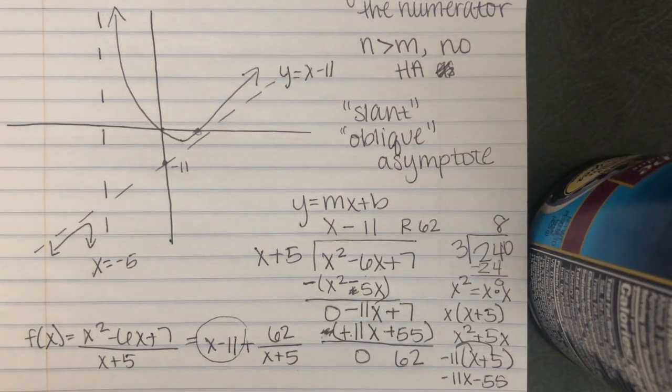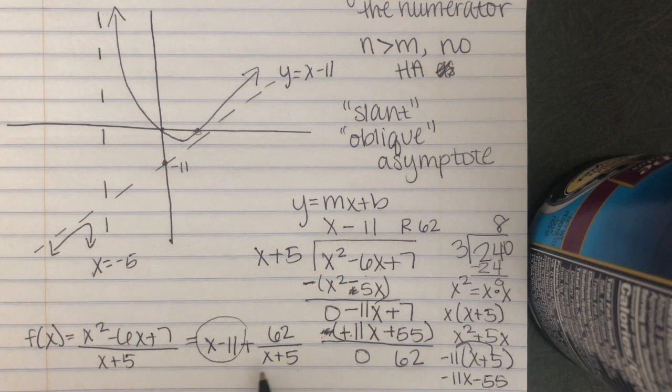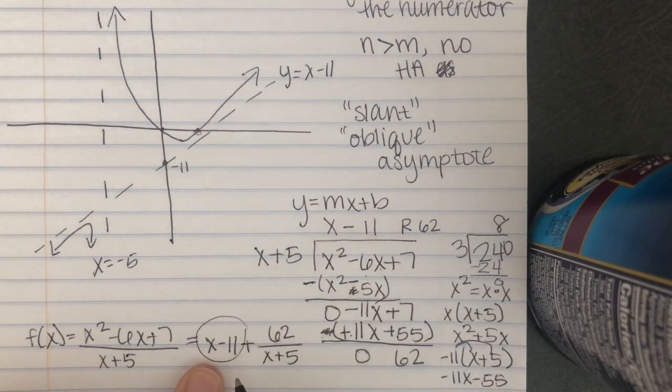Okay, one more thing I wanted to point out that I thought was really interesting is that rewriting the function in this form is actually really helpful when it comes to picturing the graph. So this can be thought of, I guess, not rewritten, as the distance from this line, x minus 11, to our function right here.